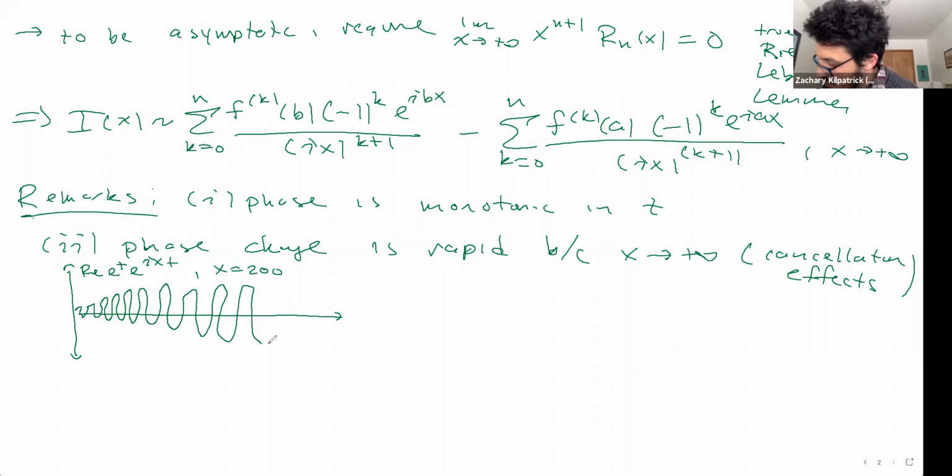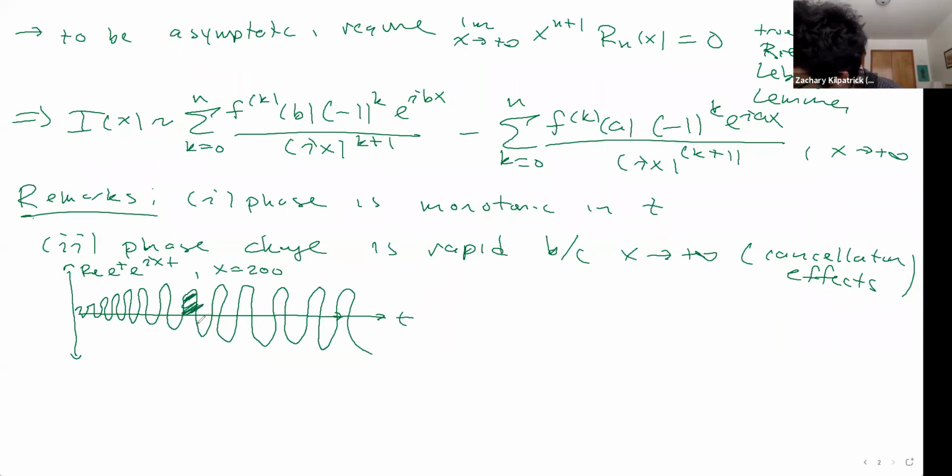I'm not drawing this so well. But the idea is that your oscillations are so rapid that adjacent lobes of your oscillation are going to end up canceling each other out. So, you know, this cancels this.